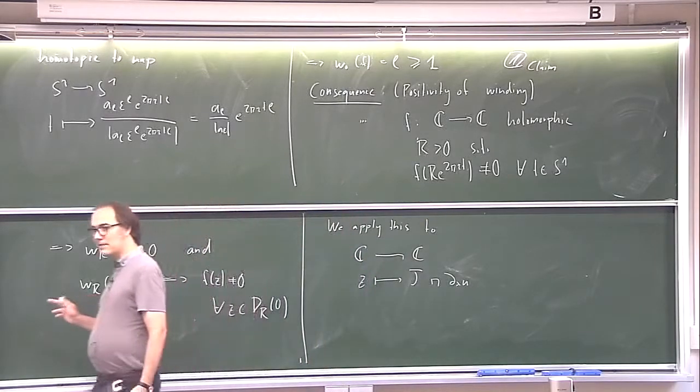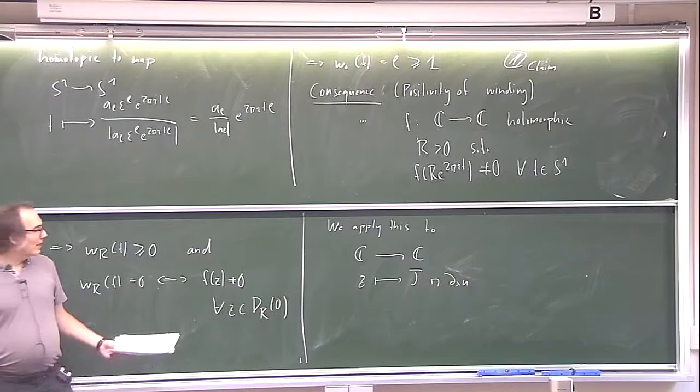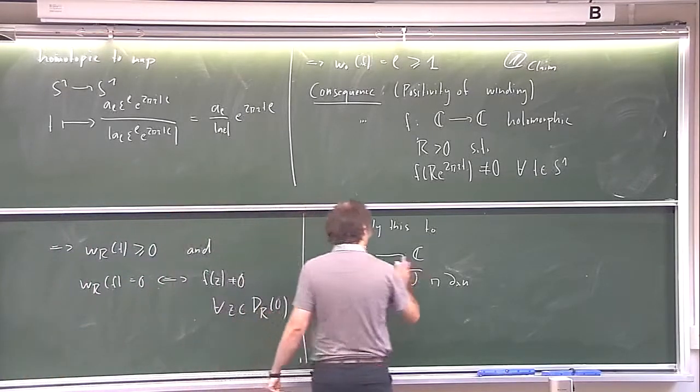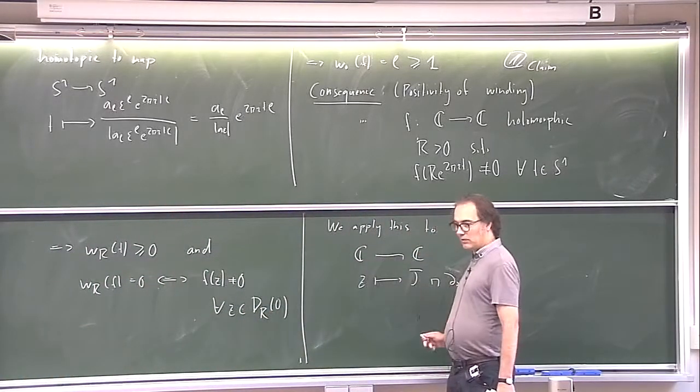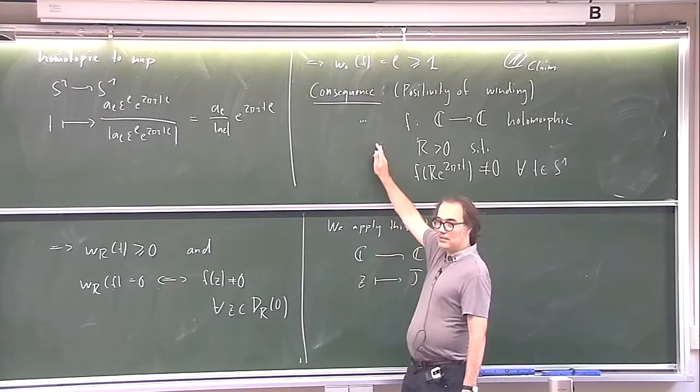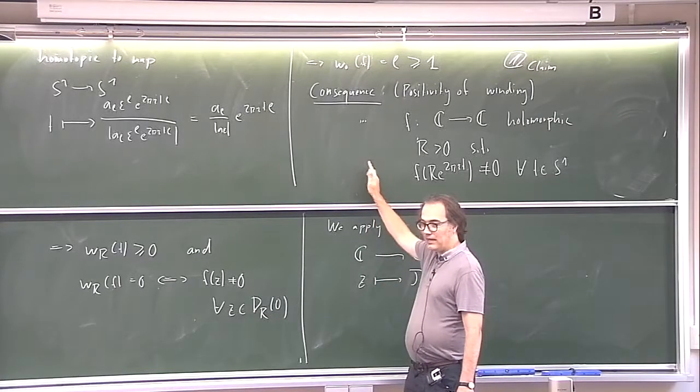So using the Carleman similarity principle, you can show that for a map like this, which is basically holomorphic, you also have this positivity of winding.